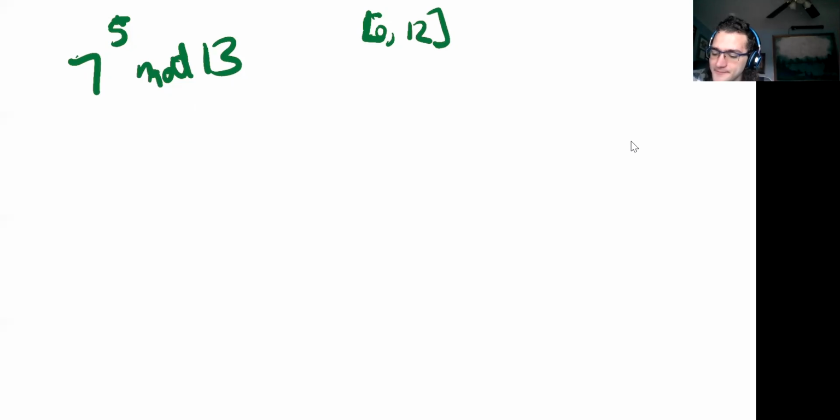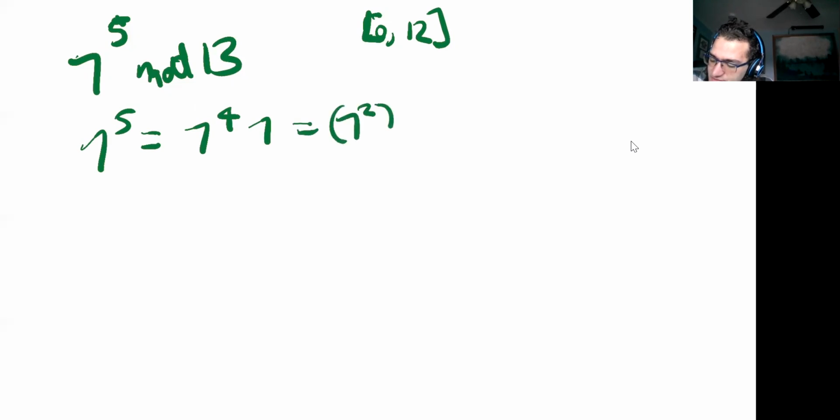mod 13. A quicker approach is to use a kind of recursive approach. I know that 7 to the 5th is equal to 7 to the 4th times 7. So if I could find 7 to the 4th, and 7 to the 4th is equal to 7 squared squared. And so this approach is a lot faster than, say, if I wanted to find 7 to the 17th.